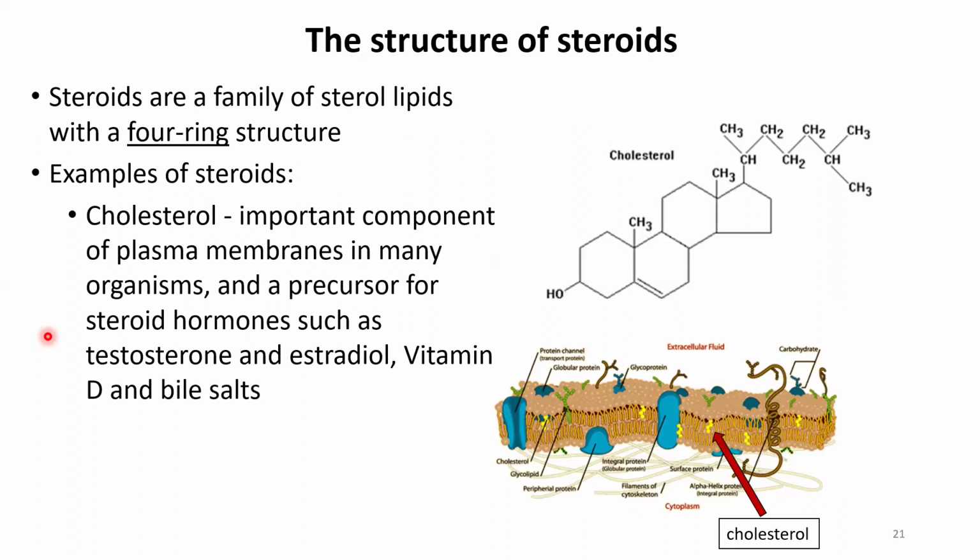An example of them is cholesterol, which is an important component of plasma membranes within many different organisms, and it can lead to the production of steroid hormones such as testosterone and estradiol, and it can also help form vitamin D and bile salts.